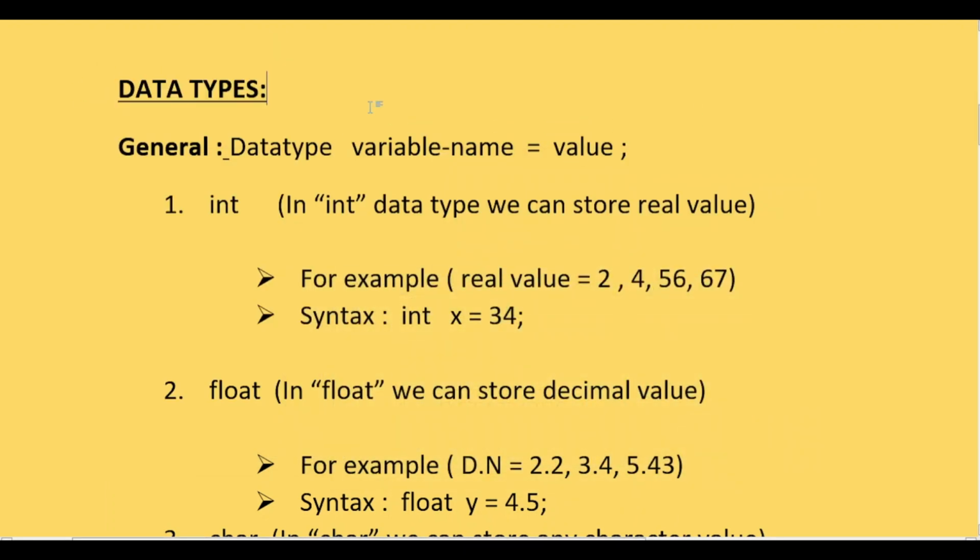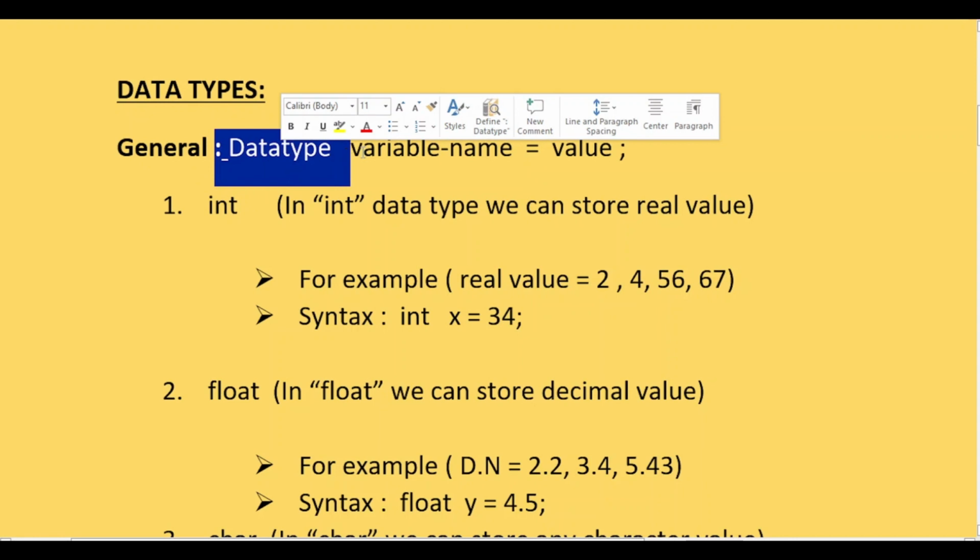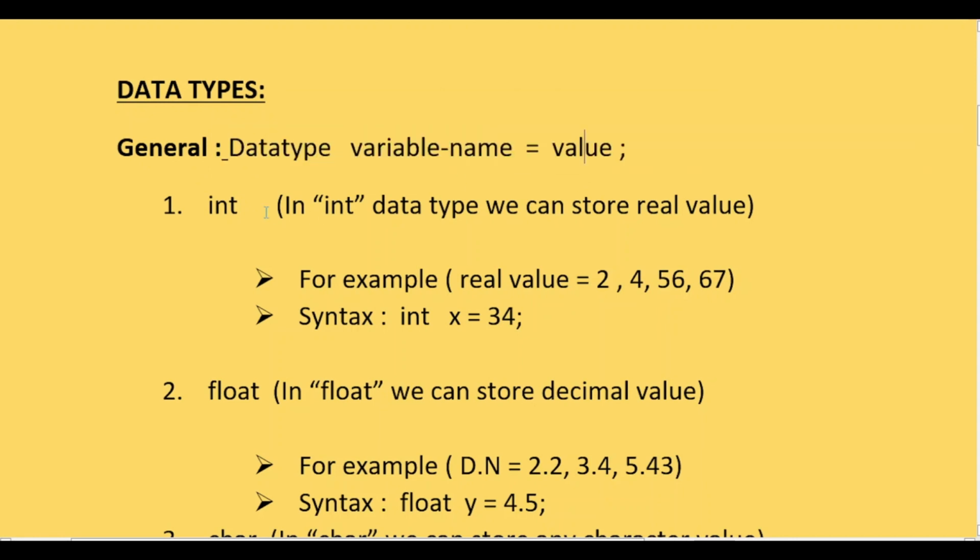What are data types in C language? Type, variable name, value. In the previous video we discussed some data types, for example int, float, char, and like int we will learn step by step. First we will talk about the int.